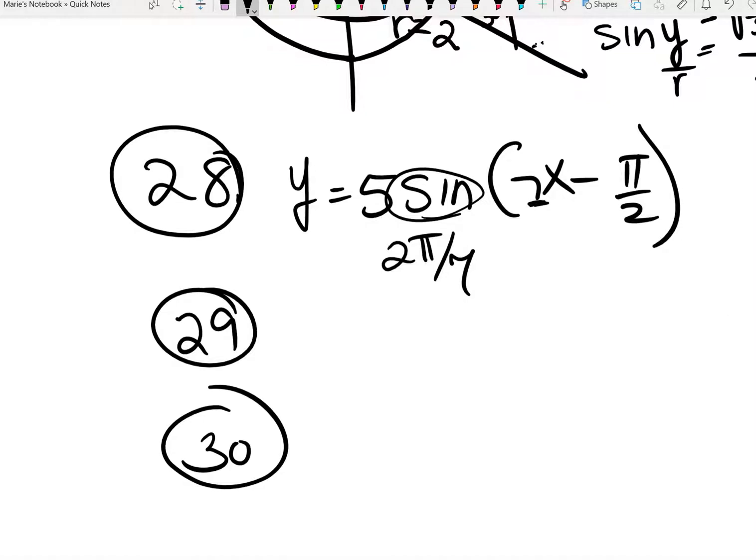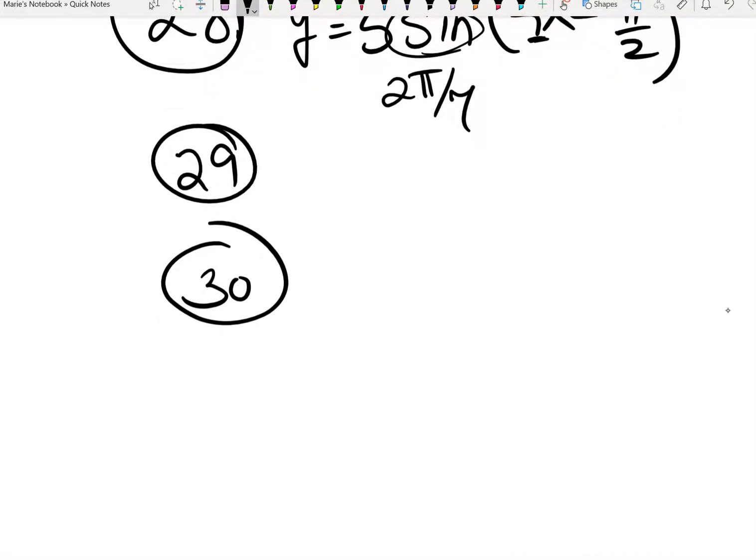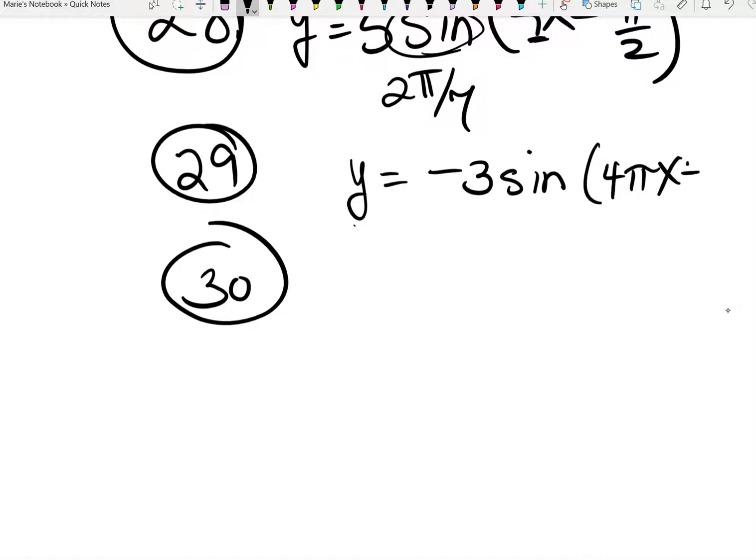Okay, for 29, 29 is a little weird, but you have y equals negative 3 sine of 4 pi x plus 2 pi. Okay, so again, the period for sine is 2 pi.